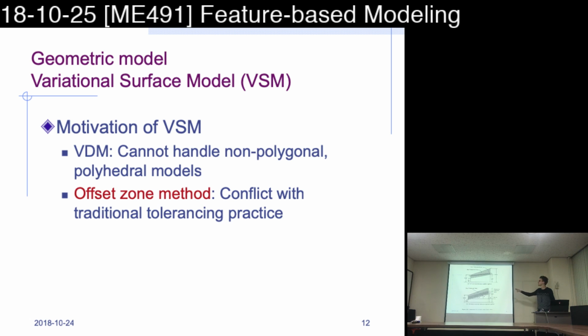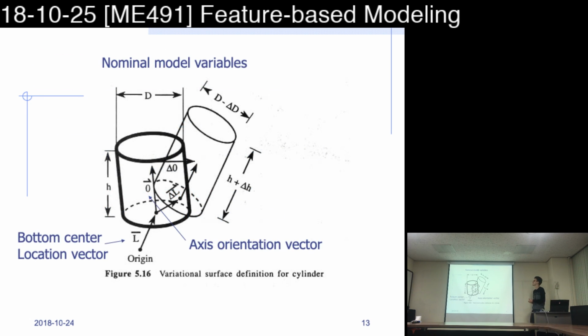And this is also very non-traditional, so that does conflict with the traditional practice. So instead, rational surface definition for a cylinder could look like this, where the tolerances are represented, for instance, with offset vectors.